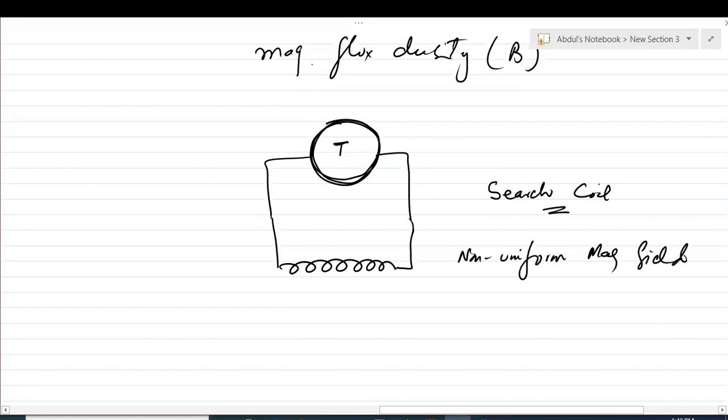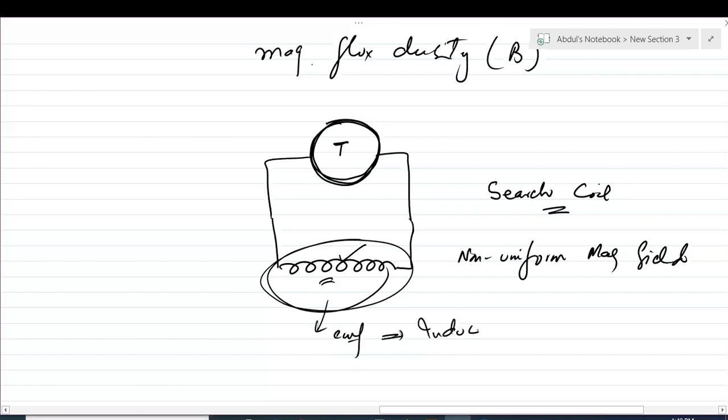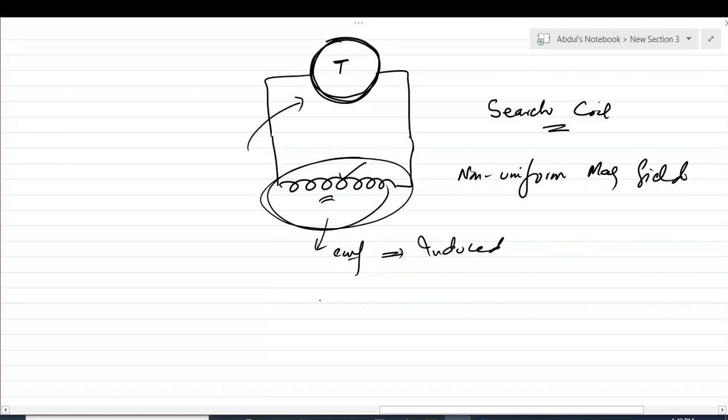Reason? The non-uniform magnetic field will be cut by the coil. According to Faraday's law of electromagnetic induction, an EMF is induced and that induced EMF will appear on the voltmeter, but the voltmeter is calibrated in Tesla. So instead of the voltage, it will give you the strength of B in Tesla.